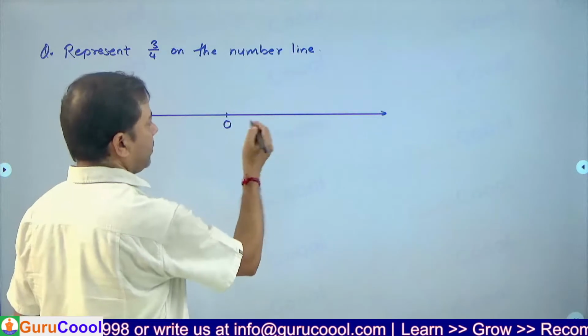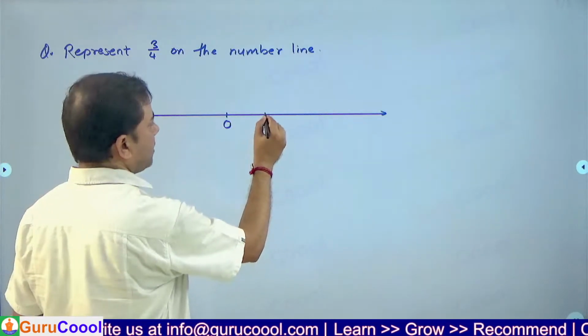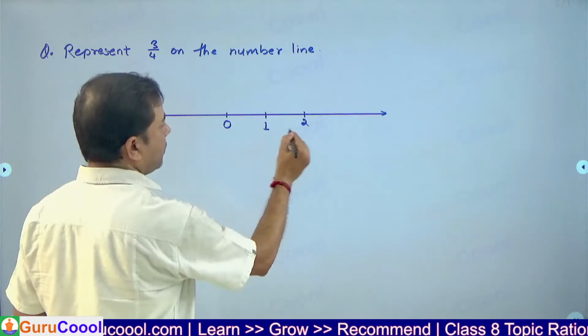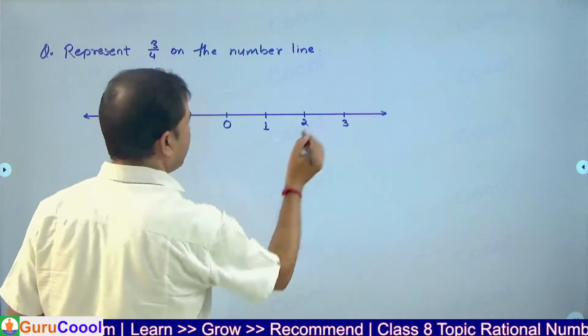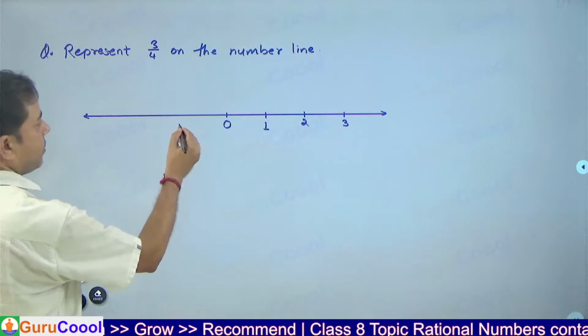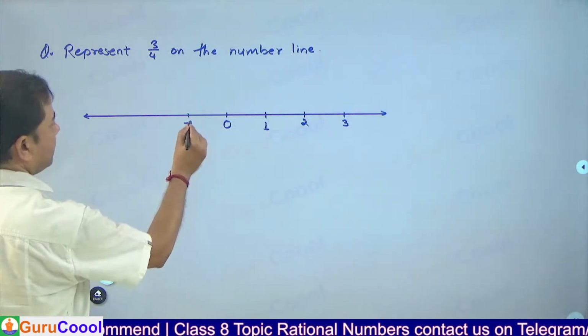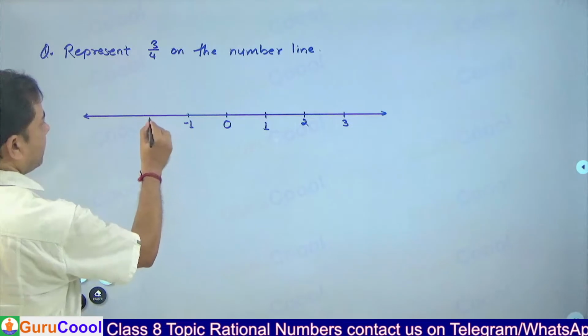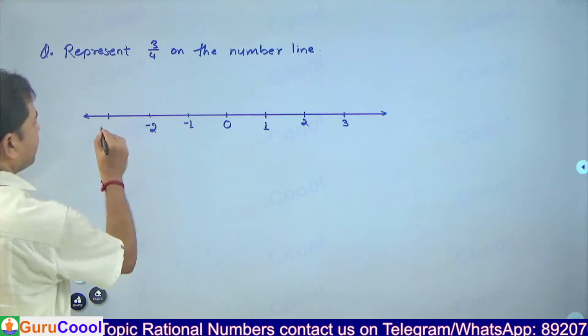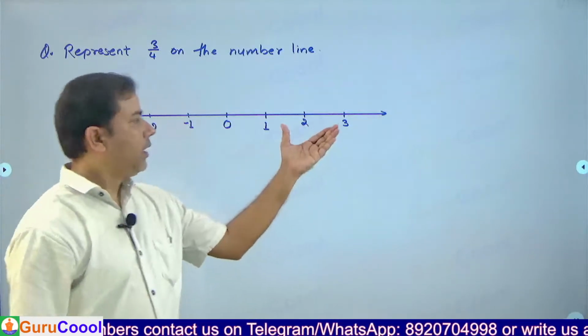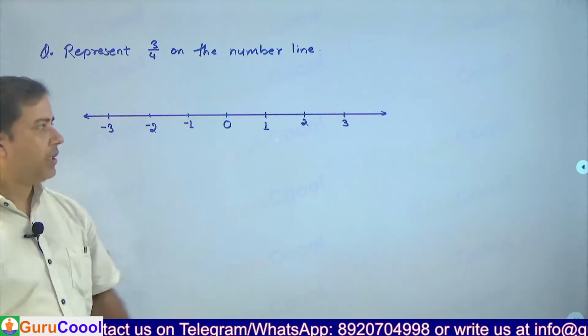On the right side of 0, we take positive numbers 1, 2, 3. On the left side of 0, we have negative numbers -1, -2, -3. So these are the integers we have shown on the number line.